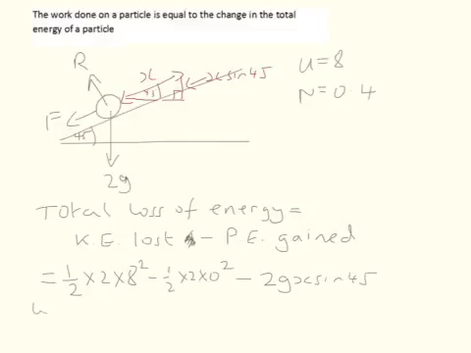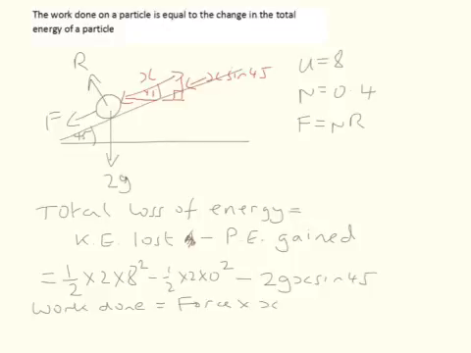What about the work done? Well, the work done is the force multiplied by the distance, x in this case. So what is the force? Well, the force is frictional force, and as the particle moves up the slope, it's working against that frictional force. So how do we work out frictional force? We have to use F equals mu times R. What's R?